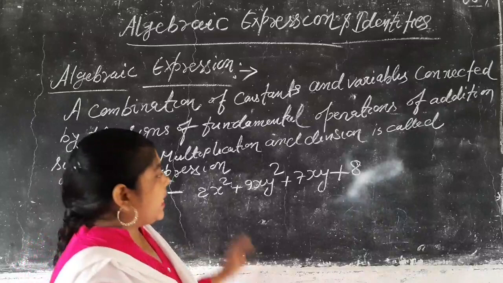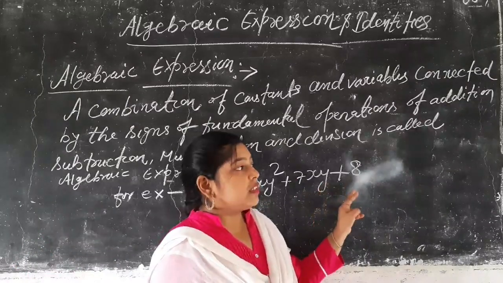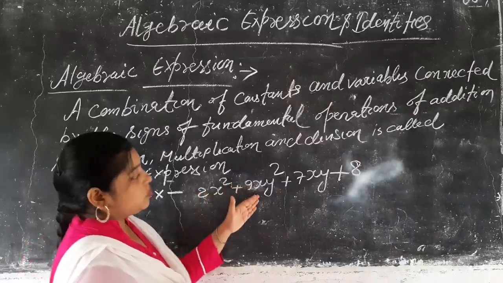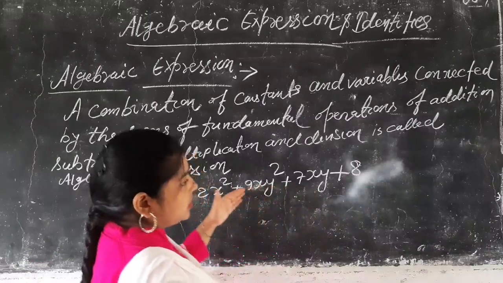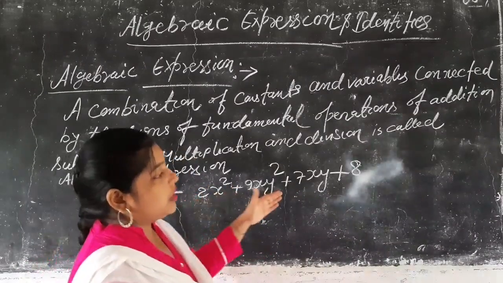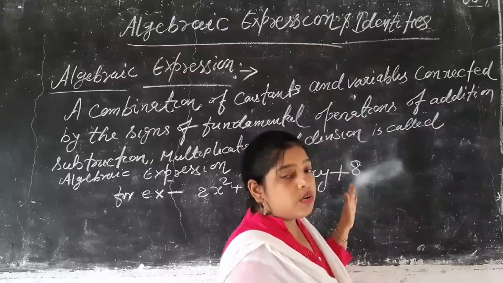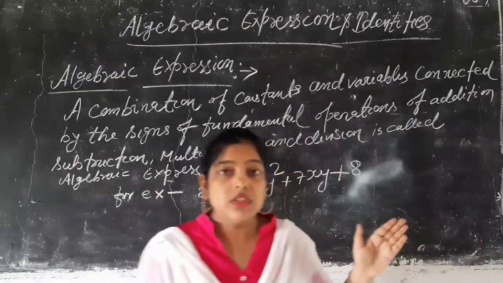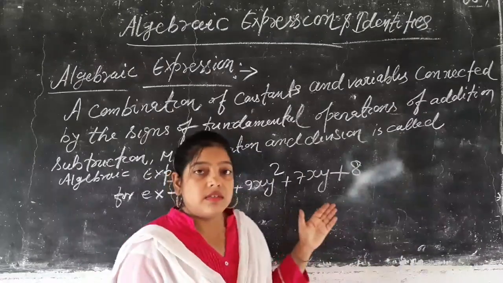Now, what are the terms and what are the variables? In this, 2x square, 9xy square and 7xy are called terms, but 8 is the constant. So what is a constant? A constant is a value whose numerical value is fixed.